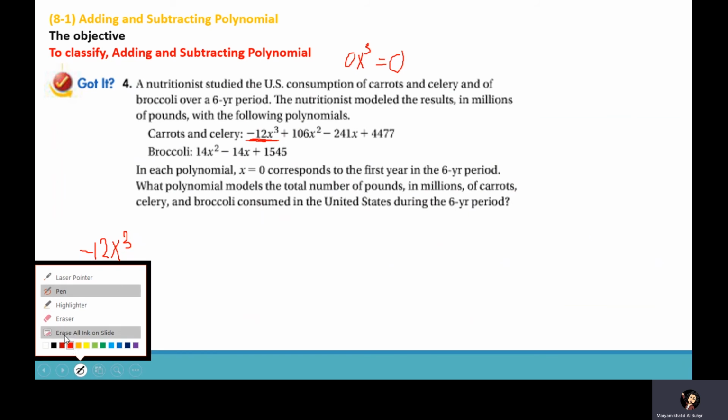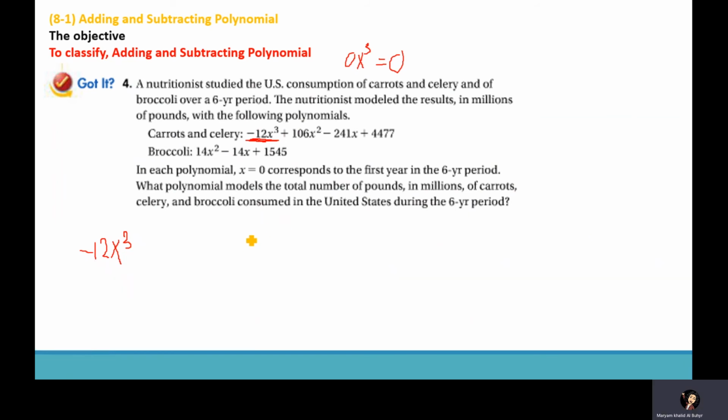All right, next. This term. Is there anything like this term? Yes. We have this term x to the power 2, and we have this one, 14x to the power 2. Okay, great. So I'm going to add these two monomials.